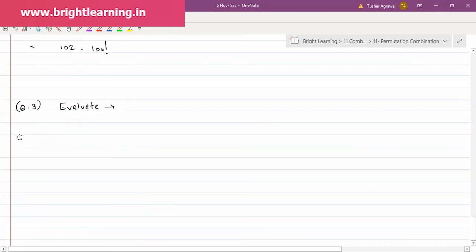Evaluate. Okay. 8 factorial upon 6 factorial into 2 factorial. 1 upon 6 factorial plus 1 upon 7 factorial is equal to x upon 8 factorial.